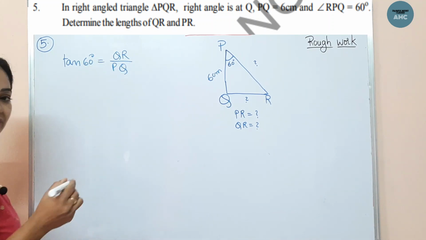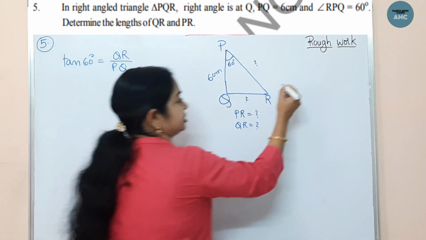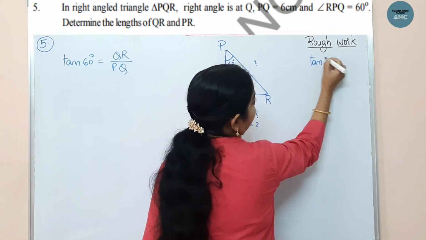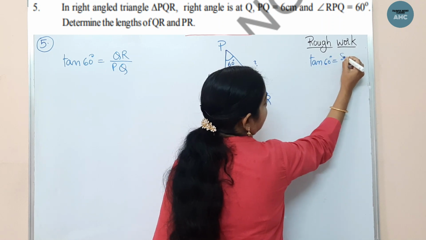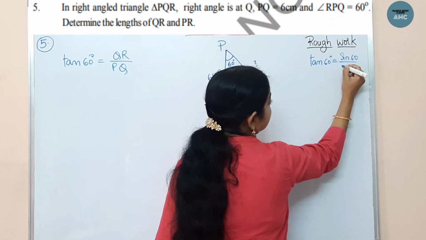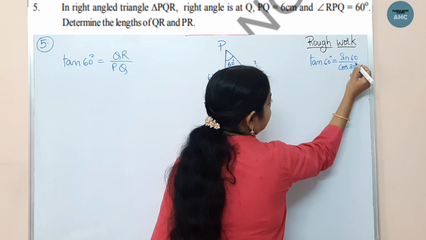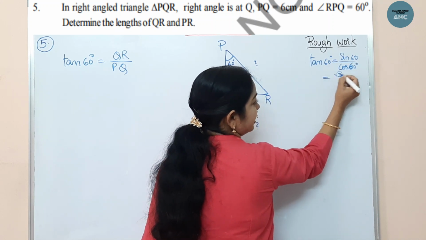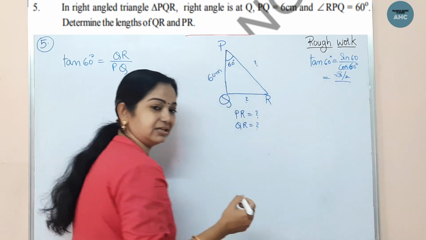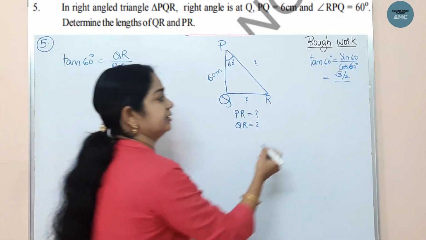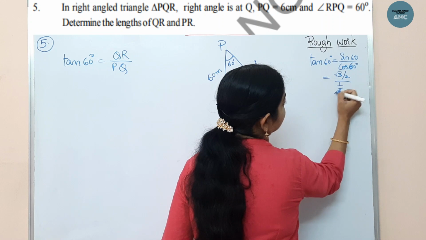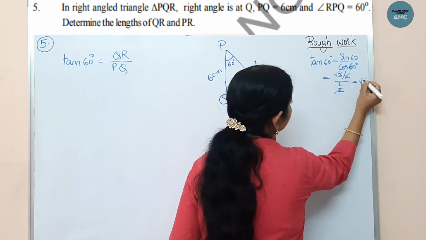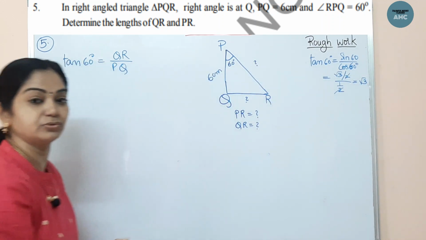Now what is the value of tan 60? If you don't know, just write it in the rough part. Tan 60 is sin 60 by cos 60. Sin 60 is root 3 by 2. Cos 60, write the complementary, sin 30. Sin 30 is 1 by 2. So we can cancel off. So it comes to root 3. Tan 60 is root 3.